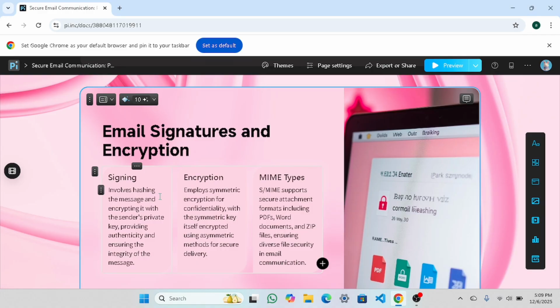Signing provides authenticity and ensures the integrity of the message. Encryption uses symmetric encryption for confidentiality, with the symmetric key itself encrypted using an asymmetric method for secure delivery. MIME types support secure attachment formats including PDF, Word documents, zip, and so on.